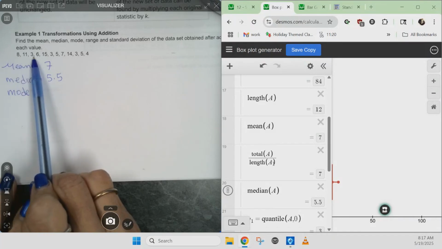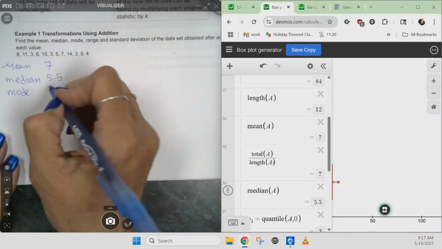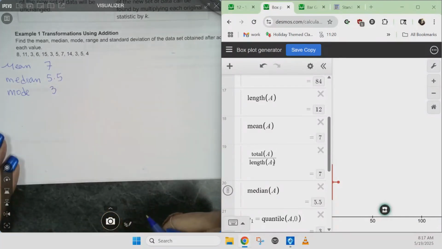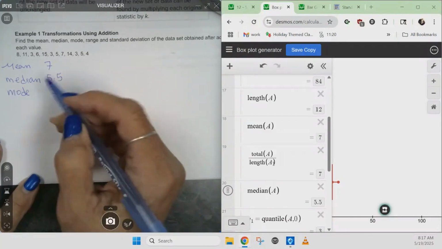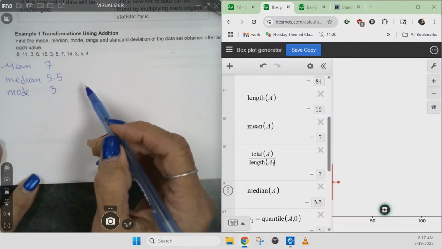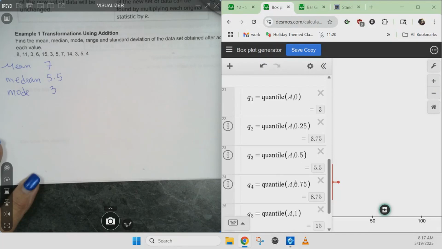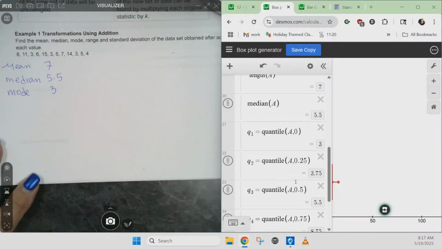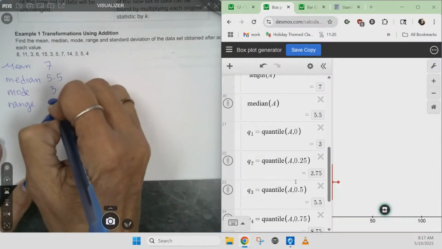We have 3, 3, 3. I think it's 3. Mean, median, mode. Then it wants range. So the top number and the bottom number. The top number is 15. The bottom number is 3. So the range is 12.